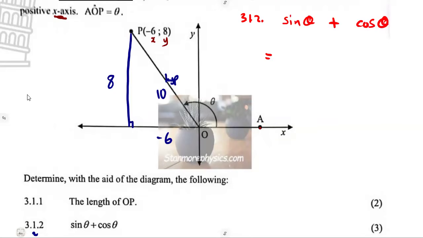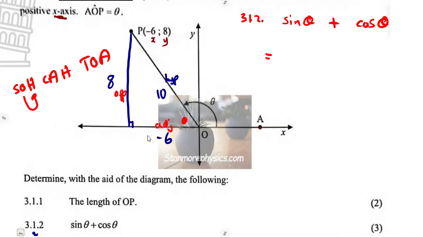Next, question 3.1.2. We've got the sine of theta plus the cos of theta. What are we going to do from our SOHCAHTOA concept? Remember, sine is opposite over hypotenuse. According to our theta, this is our opposite, this is the adjacent and this is our hypotenuse.